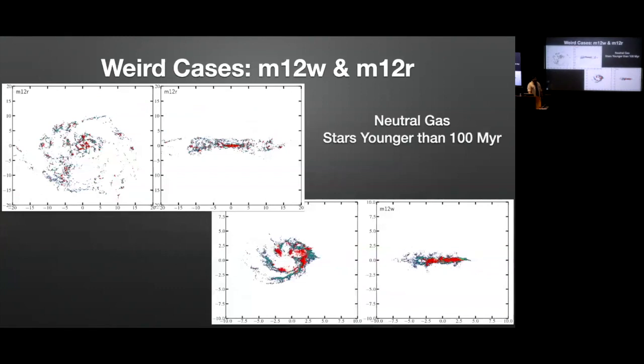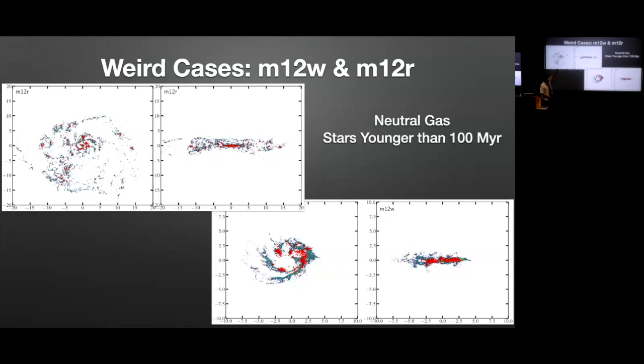So the weird cases that showed up, if y'all saw, were particularly M12R and M12W, that have their rotation curves, or their V phi curves, fall off really quickly. I just took a visual look at those to see why potentially that was happening. At least for M12R, it has this sort of half-baked disk, and it's still pretty thick.